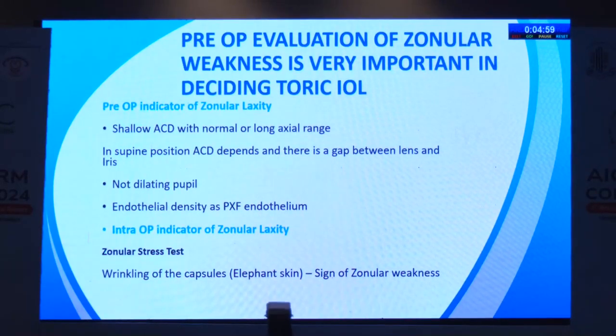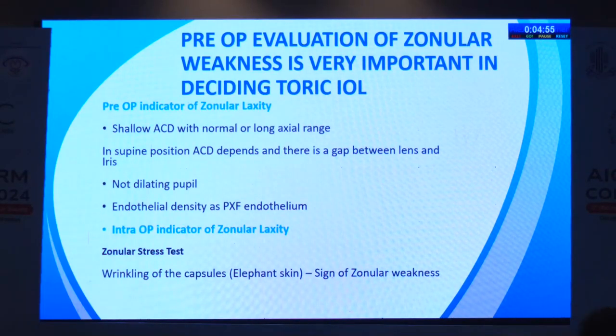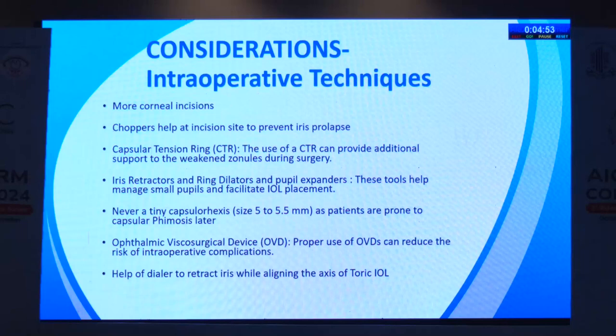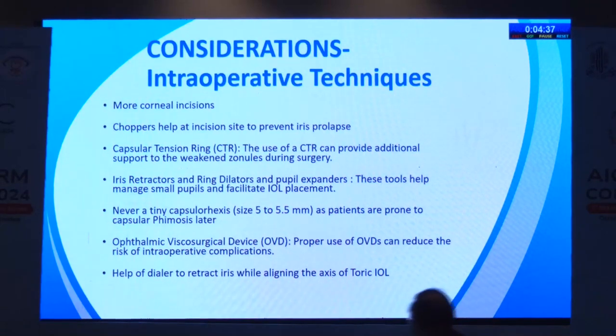These are the pre-op indicators of zonular laxity. There are intra-op indicators also, and some intraoperative techniques we should consider, like a more corneal incision. The chopper is held at the incision site to prevent iris prolapse. CTR can be used, iris retractors, Malyugin rings, pupil expanders, and never a tiny rhexis, as patients are prone to capsular phimosis later.